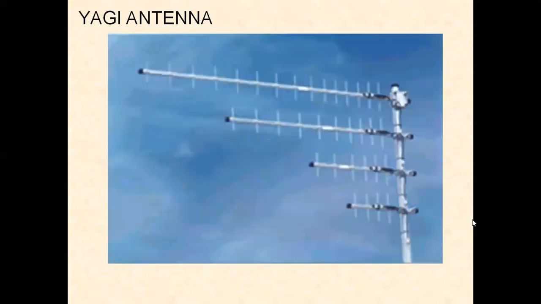This is another structure of a Yagi antenna placed vertically. It receives the signal from vertically polarized antennas, or it can radiate the signal vertically into space. They are stacked arrays here to increase the gain.